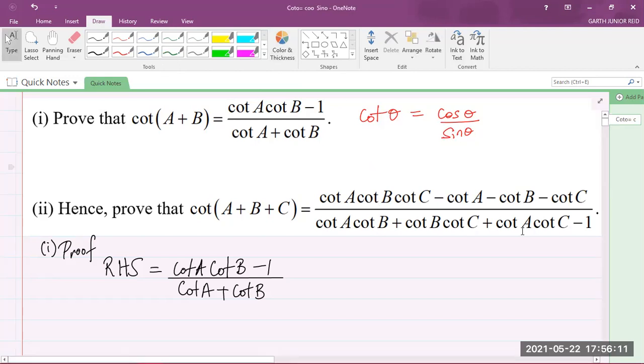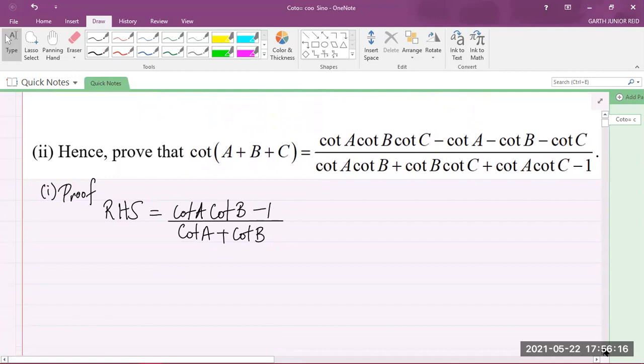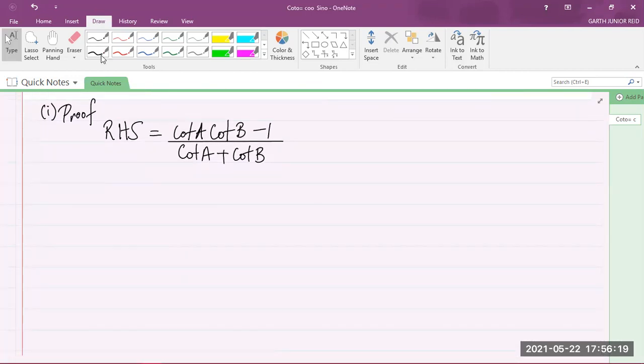So I'm going to rewrite cot A as the cos of A over the sine of A. But remember, I'm multiplying by the cot of B, which is the cos of B over the sine of B.